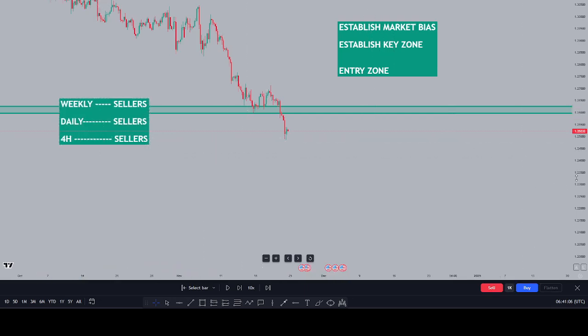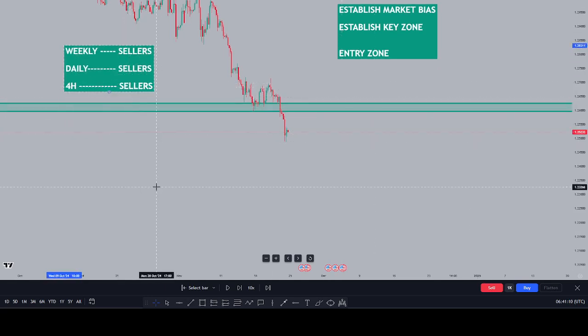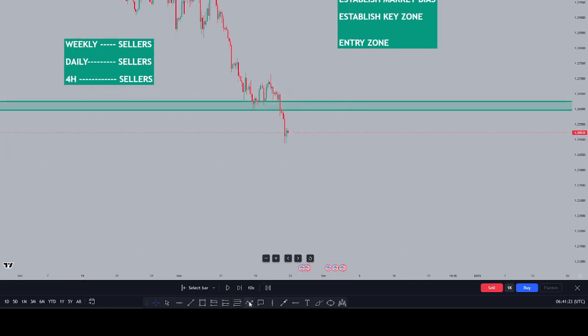Now, remember, sellers are the ones ruling the market. They won the presidential election on all three time frames: weekly, daily, and 4-hour. So we have to wait for price action to give us what? A pullback here so that we can take a sell opportunity.